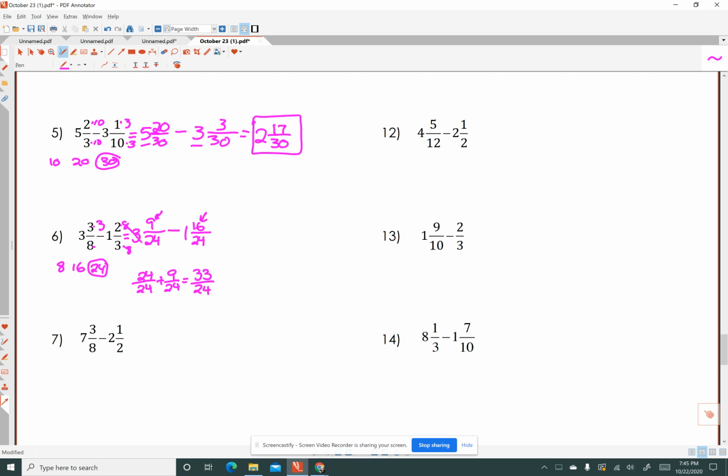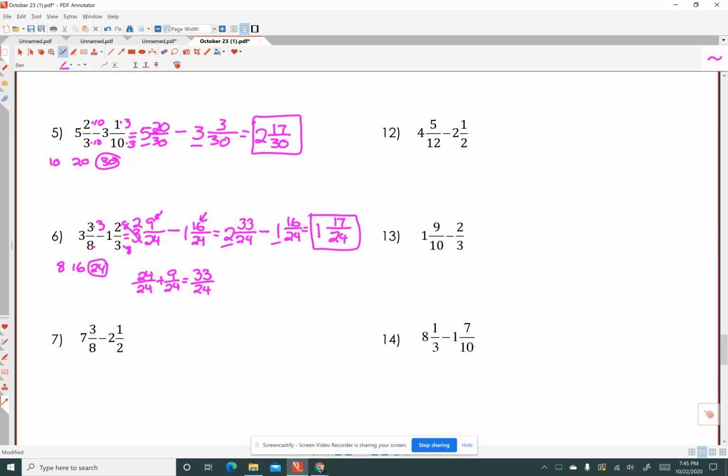And that means this will be one less. That'll be a 2. So let's rewrite that as 2 and 33/24ths minus 1 and 16/24ths. 2 minus 1 gives us 1. Our denominator is 24ths. 33 minus 16 is 17. And our final answer will be 1 and 17/24ths.